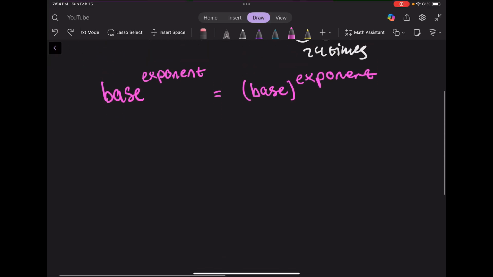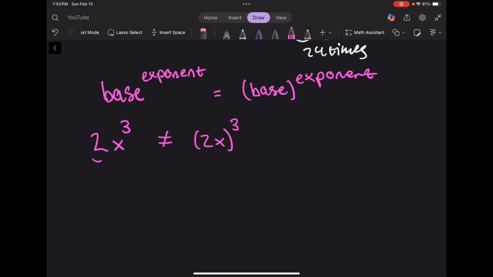So let's give an example of some of these things before we dive into the rules. First, let's consider 2x to the third power. This is not the same thing as 2x in parentheses to the third power, because we treat them very differently.